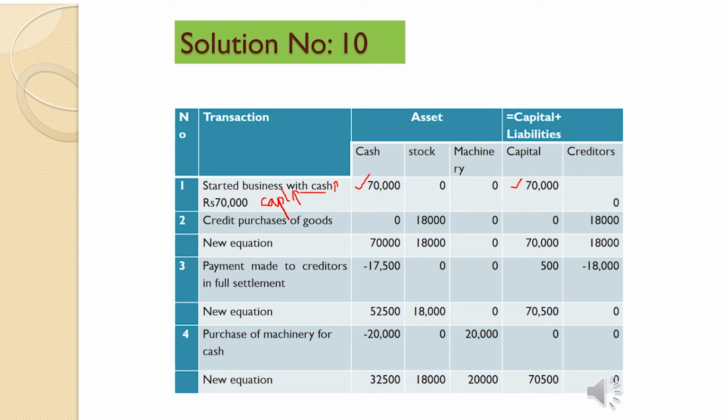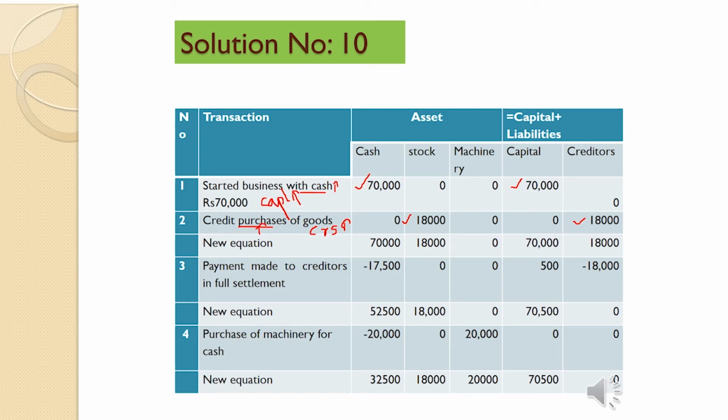The next one is credit purchase of goods. So the accounts are the purchase account and the creditors account. Liabilities increase, and purchase is also increased. So asset increases, and liability also increases. Under the stock column 18,000, then creditors amount 18,000 increase.